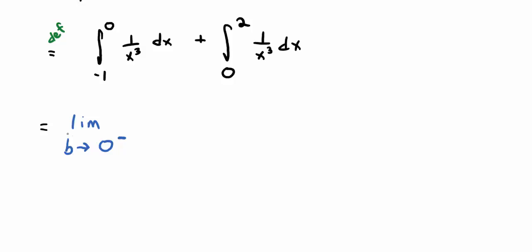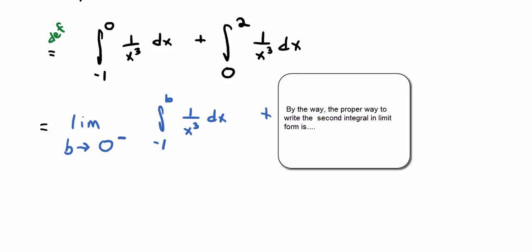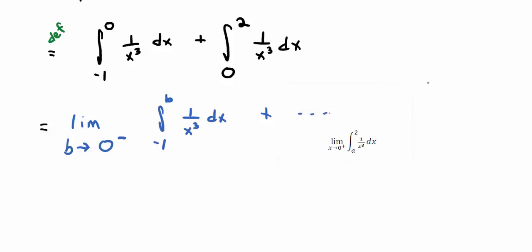So it's the limit as b goes to 0 from the negative direction of the integral from -1 to b of 1 over x cubed dx. And then, plus the other part, but I'm not going to evaluate that right now until I know whether or not this thing converges.